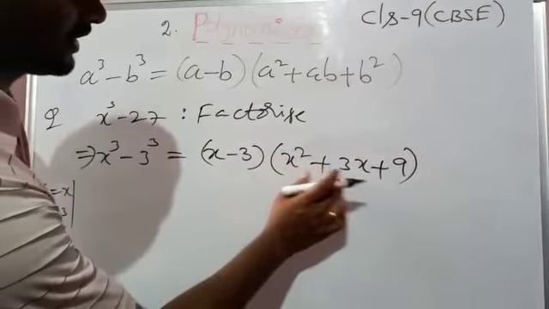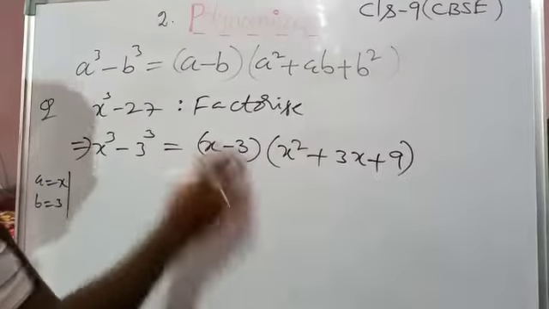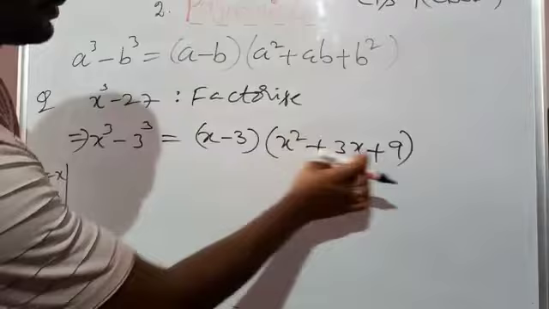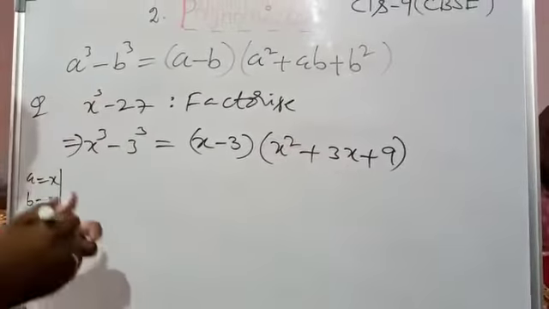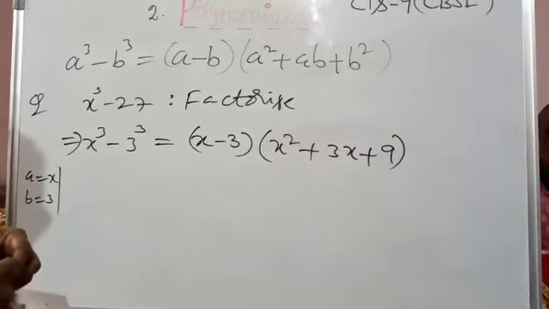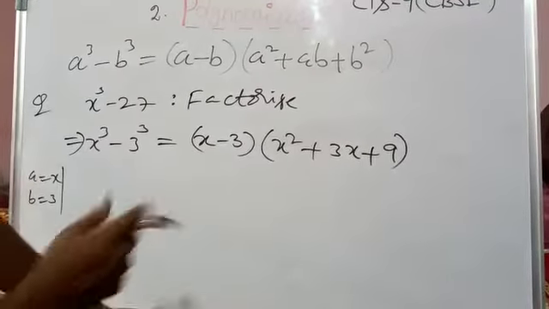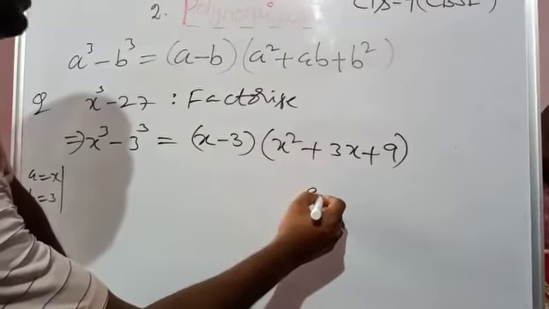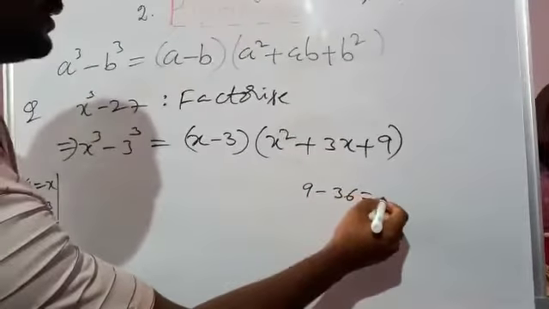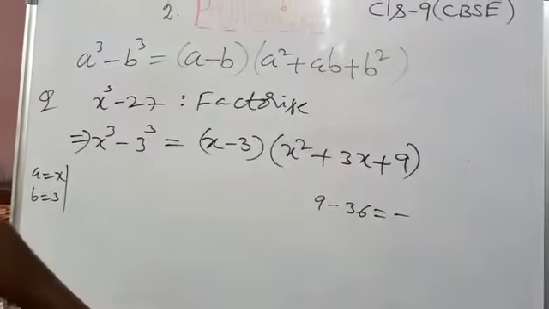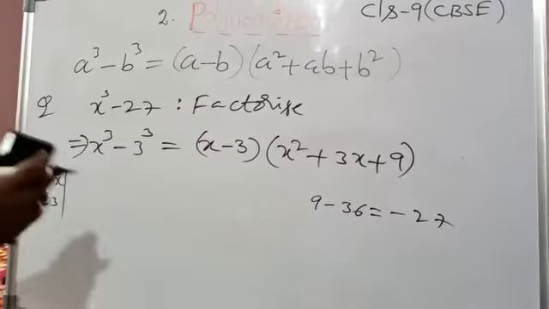Sometimes in this kind of question the quadratic polynomial does split, but in this case it does not split, because b square minus 4ac is a negative number. So we cannot split the middle term, students.